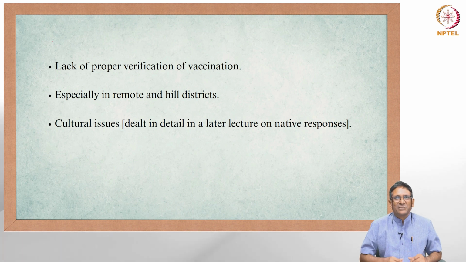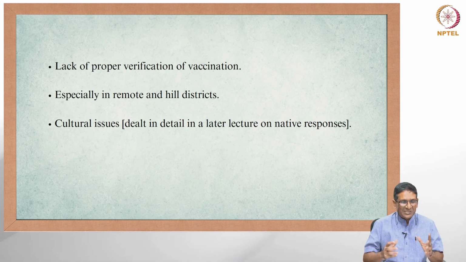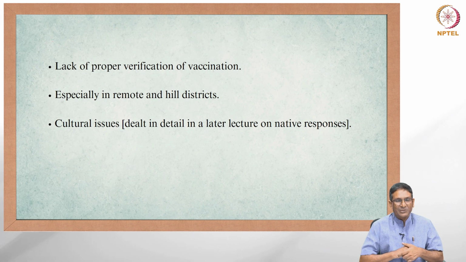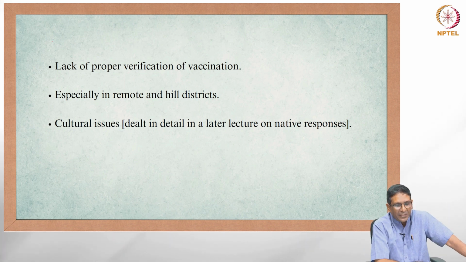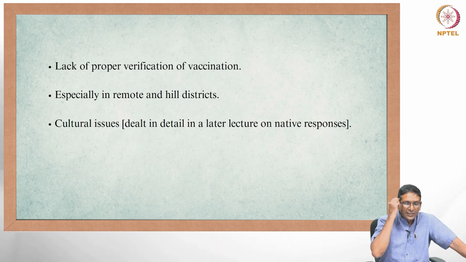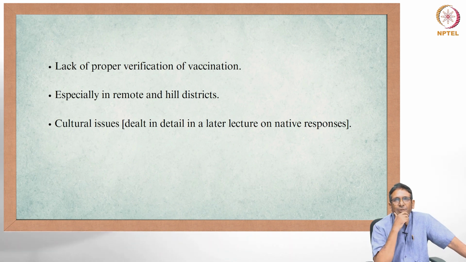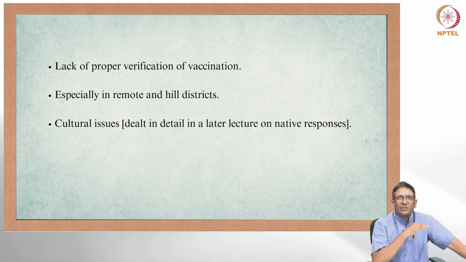That kind of information system was not there. So it was very difficult to verify the veracity of the vaccination reports, especially in very remote areas or hill districts where vaccination itself was difficult in terms of accessibility. But even if they did, it was very difficult to verify, because that involved another set of staff checking.